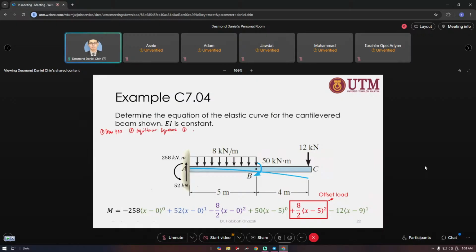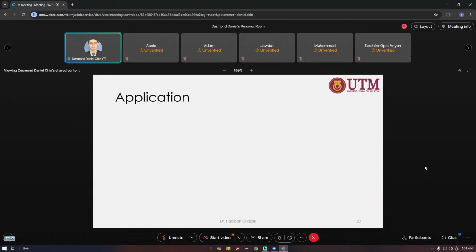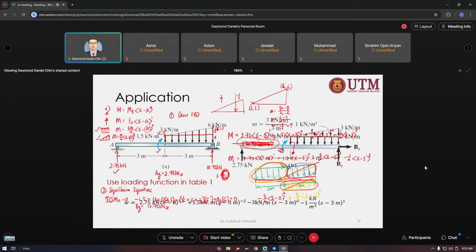Usually, I will ask you to update your free body diagram. Still remember in the previous example, this one? This example, I ask you to update, right? After you have calculated your equilibrium equation, you have to update your free body diagram with the values.